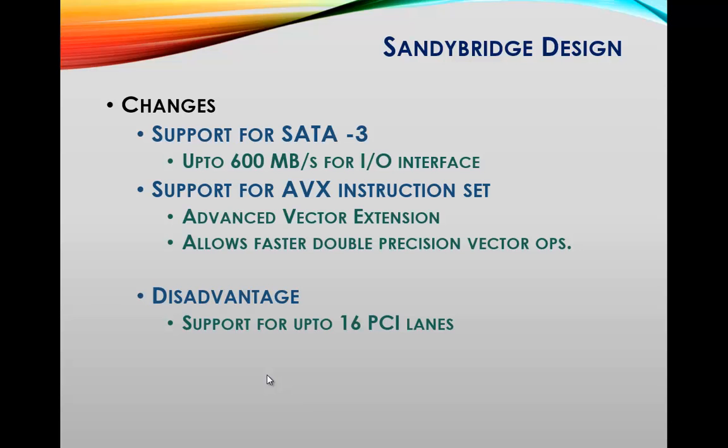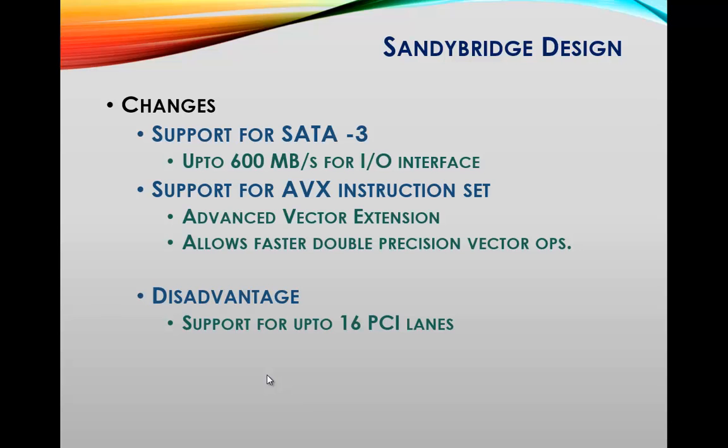That is 256 bits, or 32 byte operations, and in essence this brings in more data per instruction in one clock cycle. So as you can see, that's the advantage in double precision speed that you get when you look at computational bounds on your CPU.